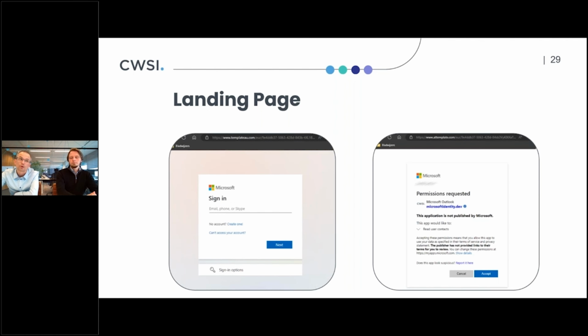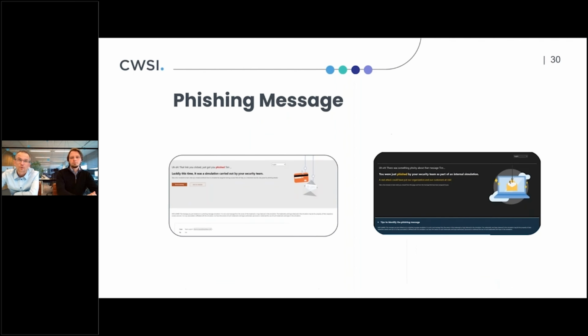And at the moment they provided credentials or clicked on the accept button, the end user is, let's say, phished or compromised. And at this point, the next stage of the attack simulation training will take place. So after being compromised, the end user receives a phishing message, which means the end user is notified about the fact they are part of an attack simulation training, which was carried out by the internal IT team, and they failed this training.